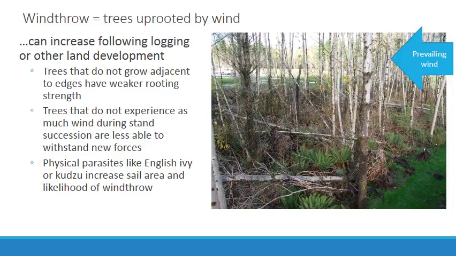Acclimative growth is what we call that. If a tree doesn't experience wind movement during the stem exclusion phase of the forest's growth, it's not likely to develop a resistance to the wind. So when a full or partially developed stand is cut by a new road or a clear cut, the trees on the new edge don't withstand the wind as well.